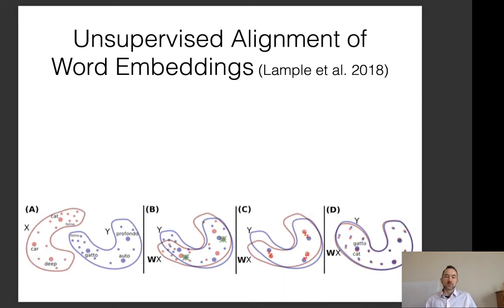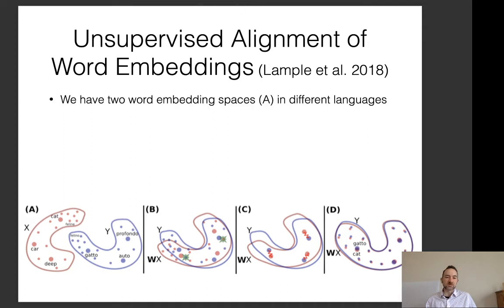It can also be used for alignment of embeddings in different spaces. Let's say we have an English embedding space and a Spanish embedding space. And in the end, we would like to get the two embedding spaces to align.